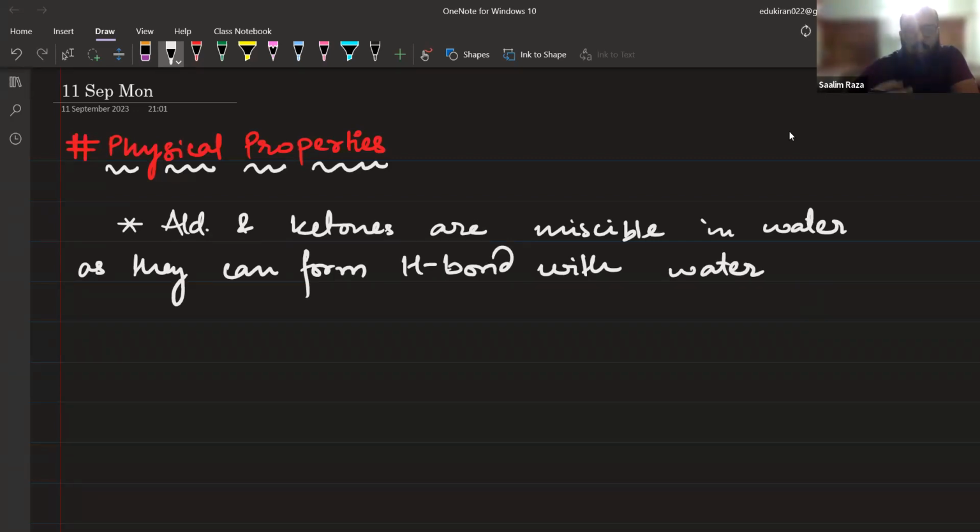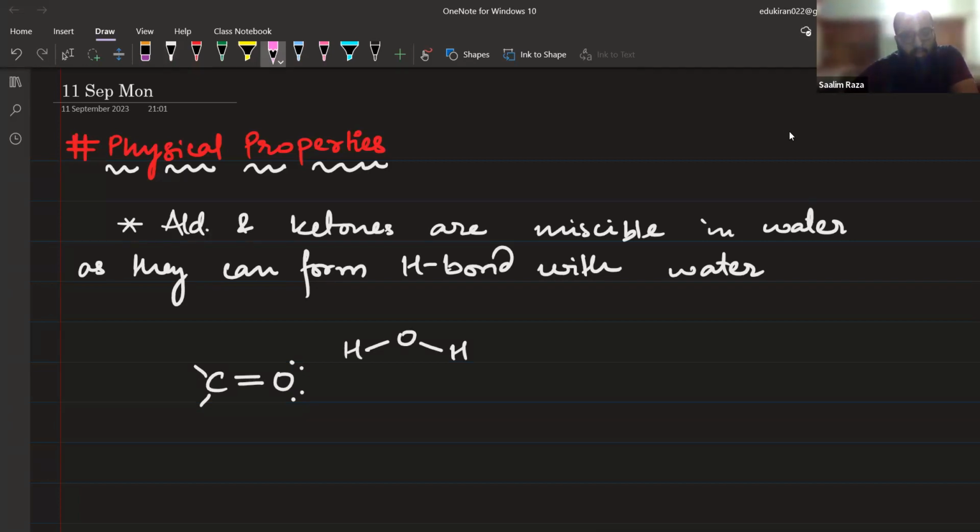Now, you don't need to worry about how it is going to form hydrogen bonds with water. Please see here. Each and every carbonyl compound will have C double bond O, with lone pairs on oxygen. And water has the formula HOH. Don't write anything, try to understand.